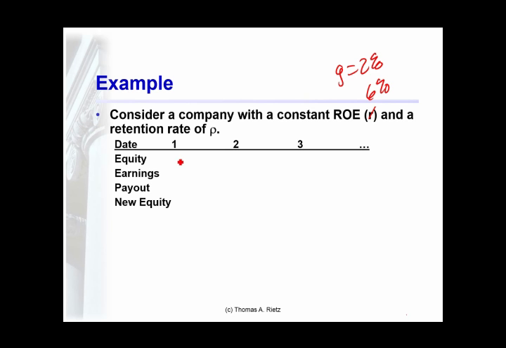If the initial equity is, say, 100, then at the end of a year you'll have $6 in earnings, 100 times 6%. What I'm going to do is pay out 2/3 of it, $4. That means I keep a third of it, $2, and that adds to my equity.